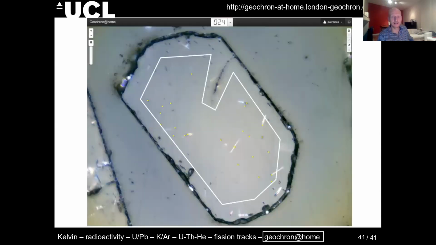So I developed a website and an app called Geochron at Home, in which you can help counting fission tracks. And my hope is that by having multiple people count the same features, we can increase the accuracy, but also increase the throughput of fission track thermochronology.